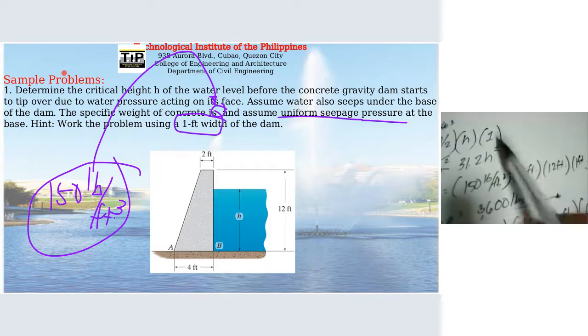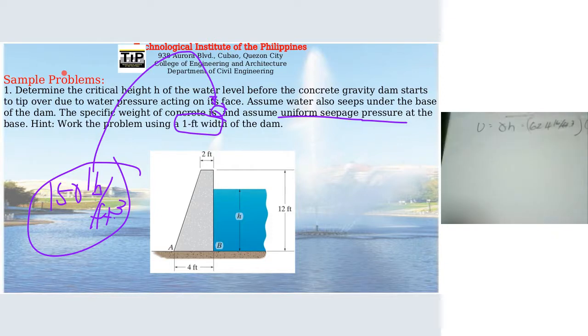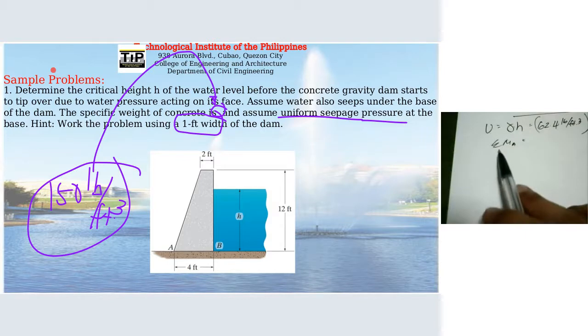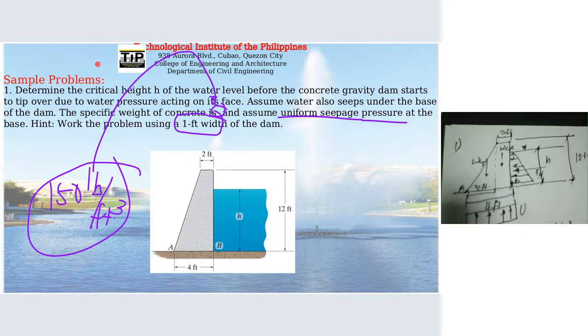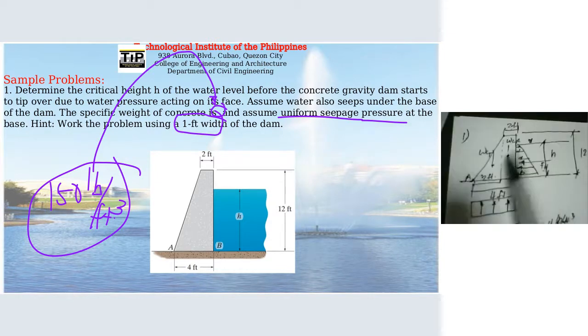So this shows the unknown, and we have to take summation of moment about A, because these forces, F sub H and U rather, should be resisted by the weight.